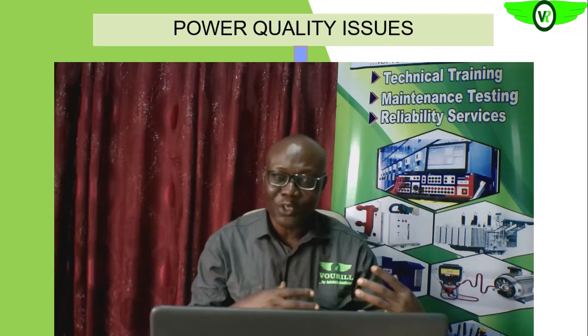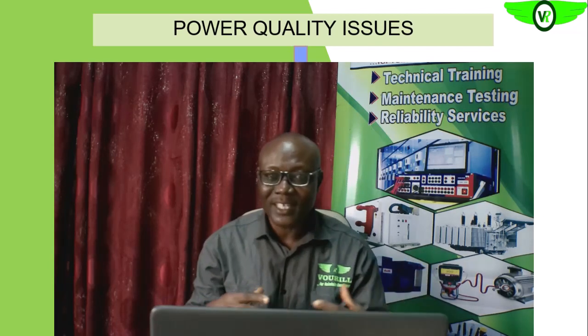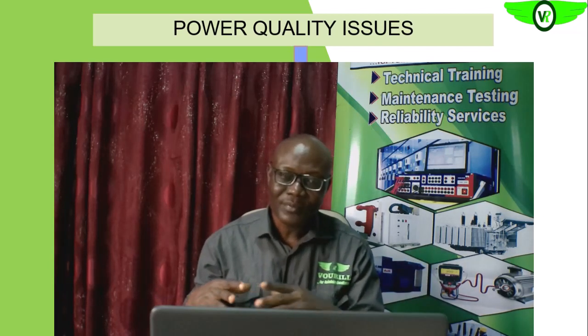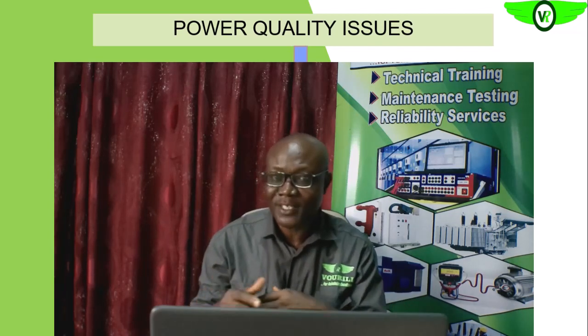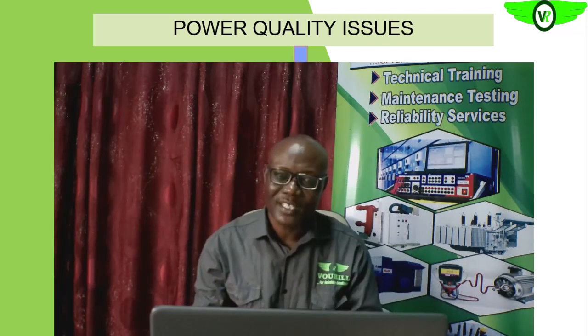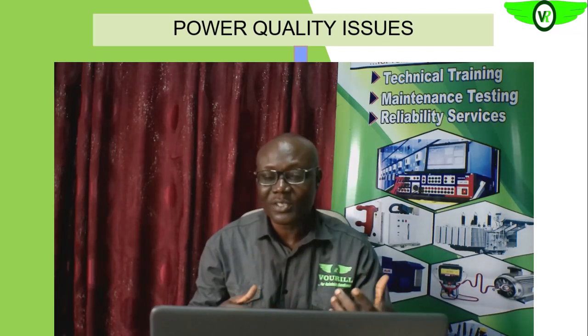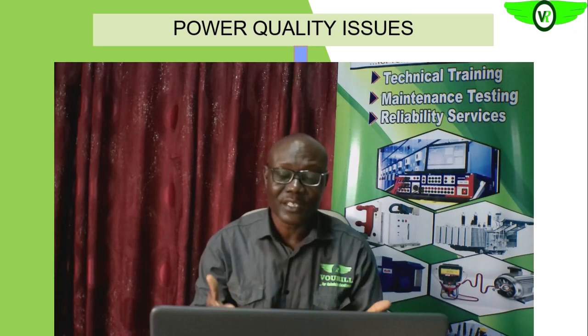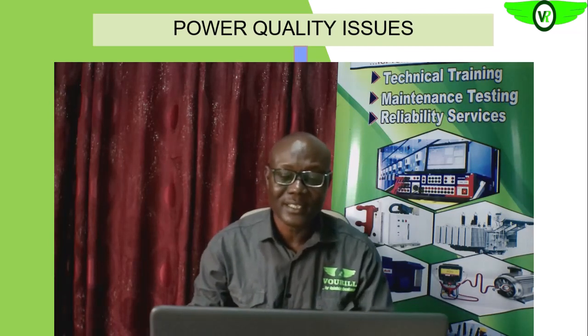Then if production is in process already, the materials that have been prepared for the next stage of your production process may be wasted. Are we getting it? And so these flickers can also cause similar effects on the electric motor system. So we want to guard against this.